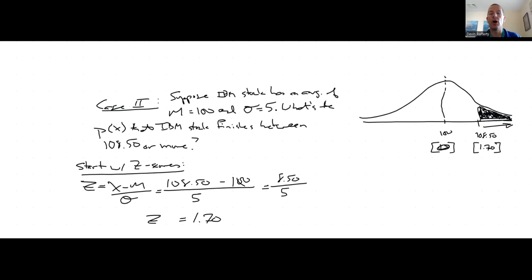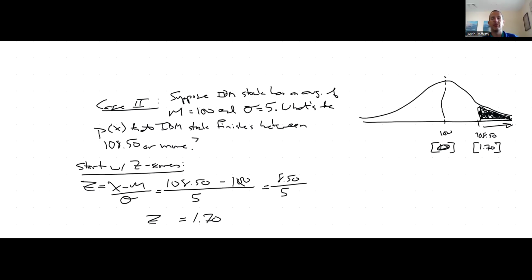And I just so happen to know two things about this distribution. The first thing I know is that the total area under the curve, if you add it all up, is 1. And I also know that it is symmetrical about the mean, so the left side and the right side are equal.